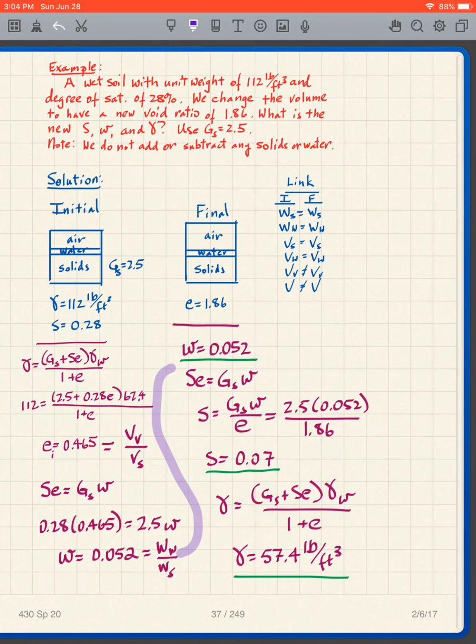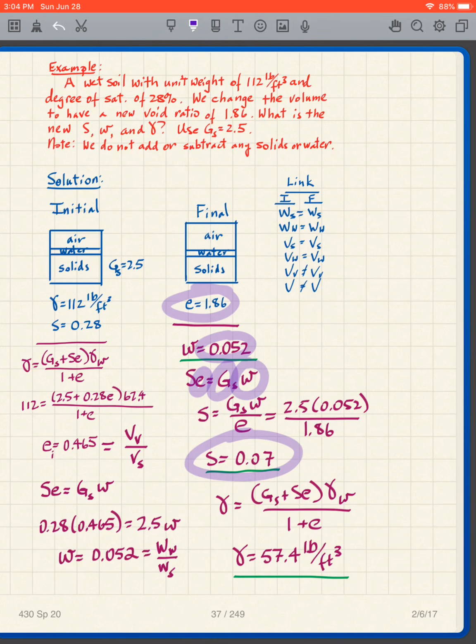And again, once I'm over here, I've been given the e, and I have been given the G sub S, and now I have the water content, and I can solve for S. So I simply plug it into that expression, and I solve for S. And then in the end, the last thing that I want to know is the gamma.